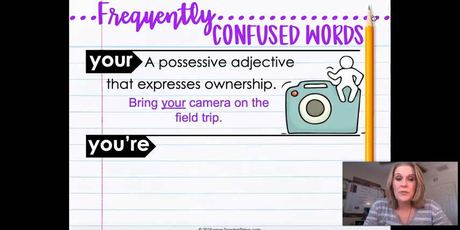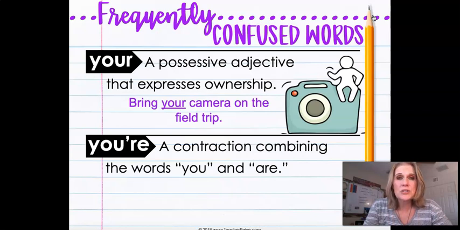Here's an example of the first one. Bring your camera on the field trip. You would use Y-O-U-R because it's your camera. You own the camera. It expresses ownership. The Y-O-U apostrophe R-E is a contraction combining the two words you are. So Y-O-U apostrophe R-E means you are.